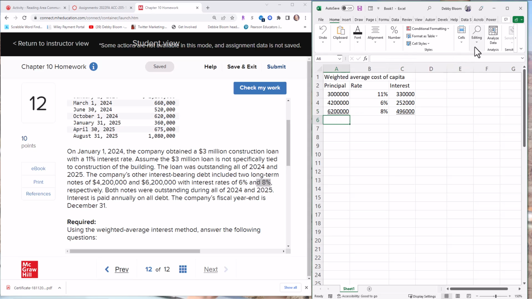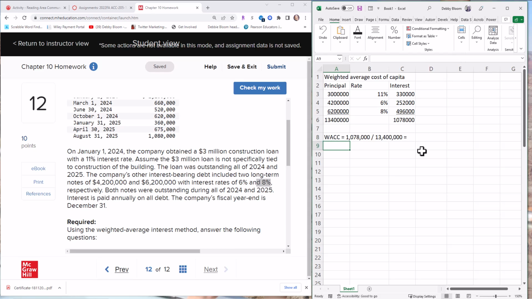In total this year, we borrowed $13,400,000. Total interest, $1,078,000. So our weighted average cost of capital is just going to be $1,078,000, the interest, divided by the total principal, $13,400,000.